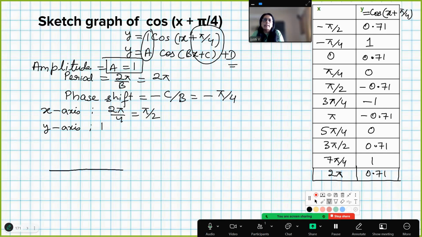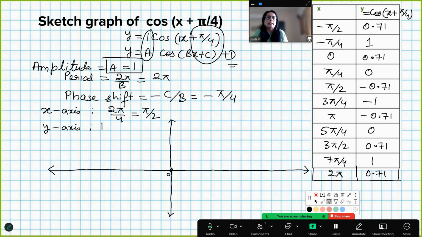So I'm drawing the horizontal line on which I'll plot the x coordinate values, means the angles. On y-axis, we'll be plotting the trigonometric function, and values of the angles on x-axis. So I have taken quite a good number of points, so I will not take any scale factor.